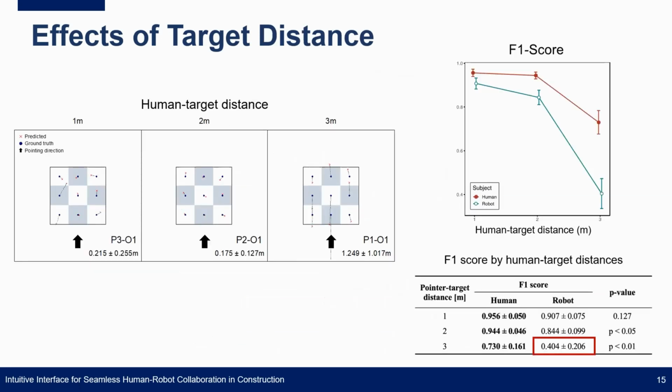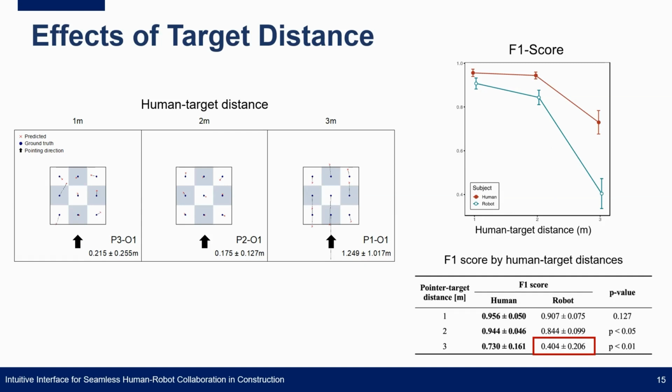These plots visualize the estimated points on the panels and the F1 scores for different distances between the human and the targets. Here we found that the accuracy was better for panels that were closer to the pointer, with good estimates obtained when the distance was 1 or 2 meters. But it became more difficult to estimate the location when the distance was 3 meters.